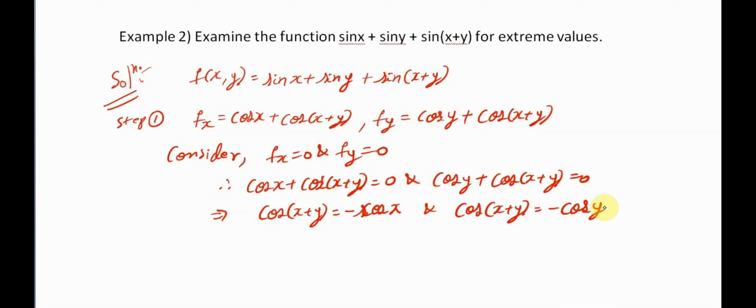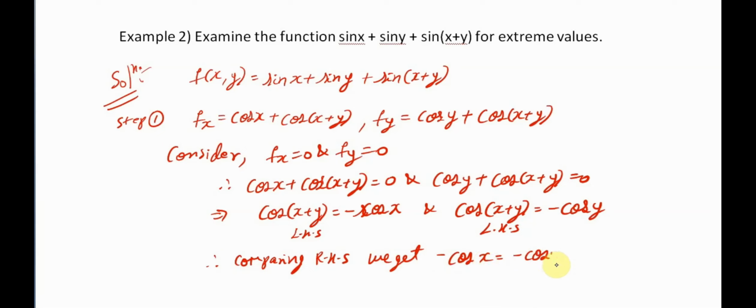Is it clear, friends? One can easily identify that on both sides the LHS is the same. So comparing the RHS, we get minus cos x is equal to minus cos y.